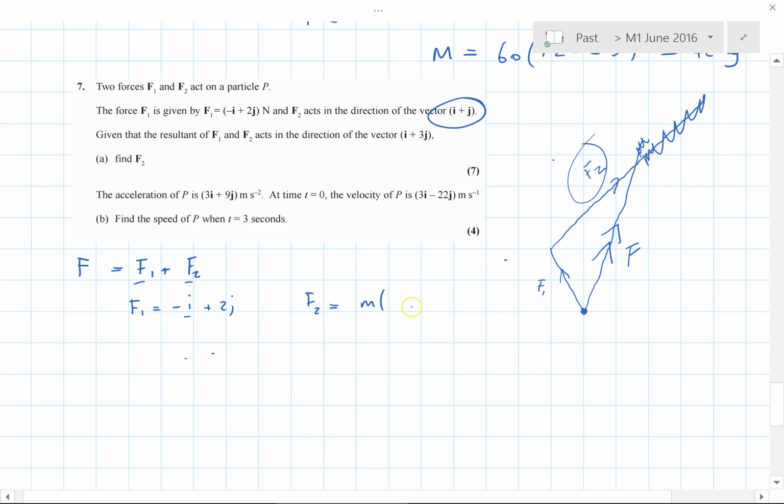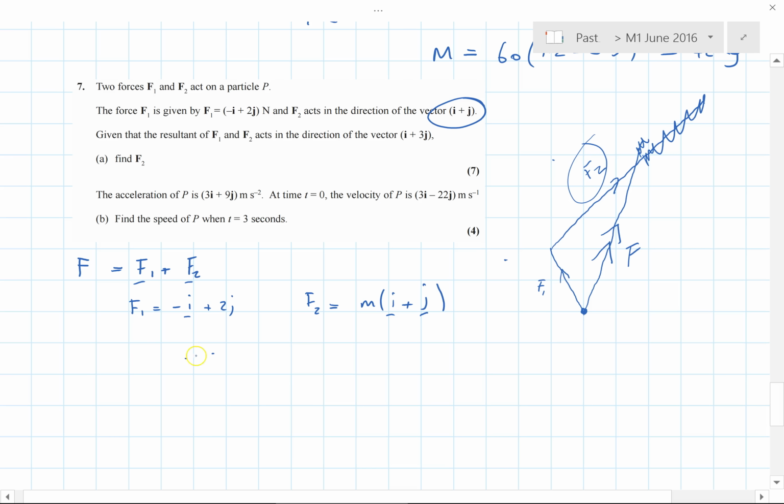If we times that by some scalar m, then for some value of m, that will be the correct force. If we can find m, then we've got F2, which is what we've been asked for.